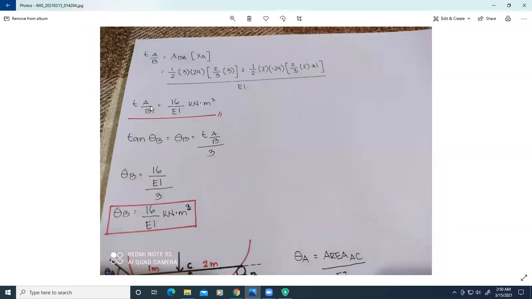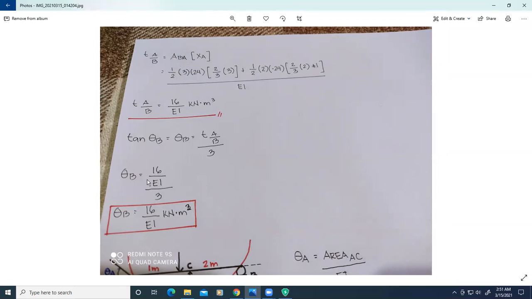So that will give us the deviation from B to A is 16 over EI, kilonewton meter cube. Similar to theta A, tangent theta B is also equal to the deviation from point B to A over 3, the distance.